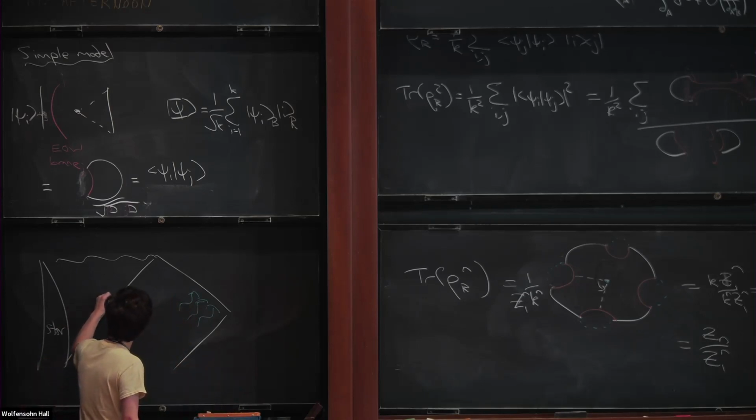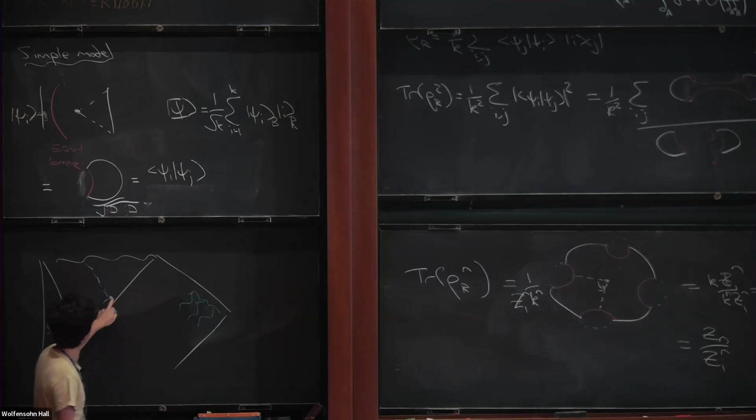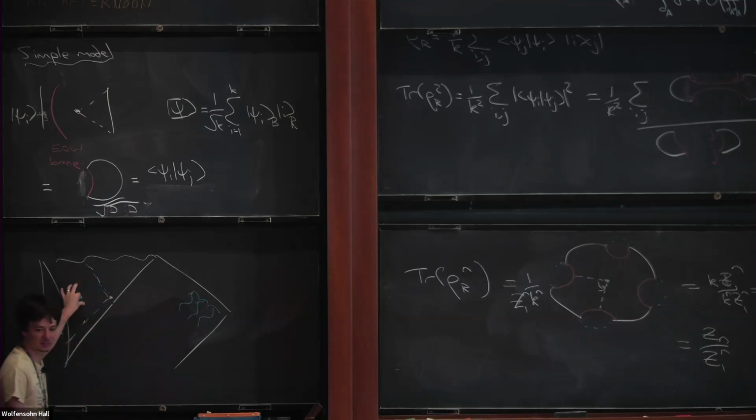It's close to the horizon, where if we take all this stuff behind it, I'll put that in blue as well, then if we try to vary the position of this surface, then the sum of the area of the surface plus the entropy of all of this stuff together with all of this stuff behind the surface doesn't change. Okay?